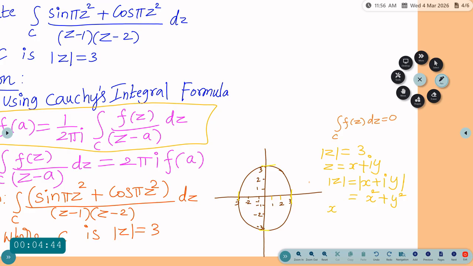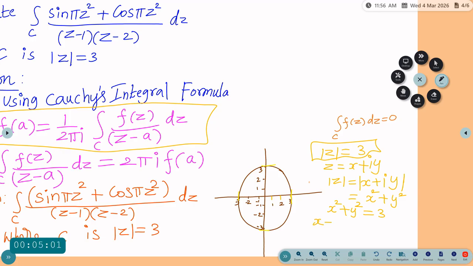Here x square plus y square is equal to 9, because modulus z equal to 3.